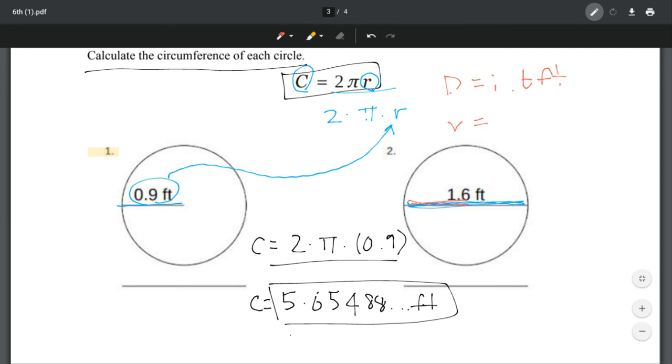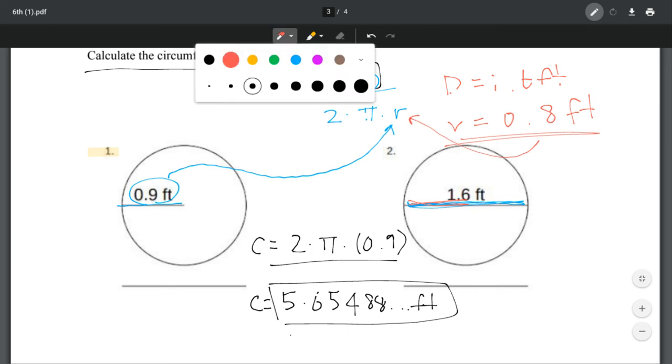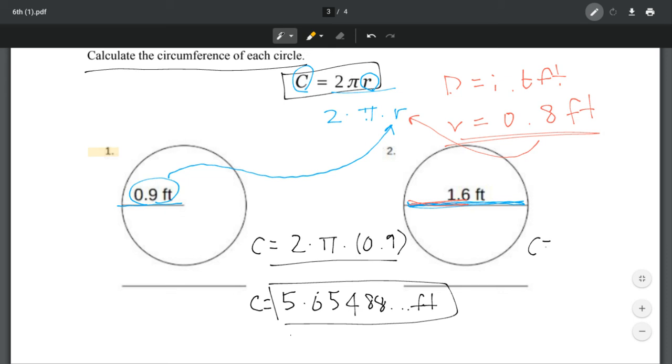So what's half of 1.6? Well, it is 0.8, right? 0.8 feet. So now we have a radius. And so now we're going to plug 0.8 in for R. And if you rewrite it, then we get circumference equals 2 times pi times 0.8.